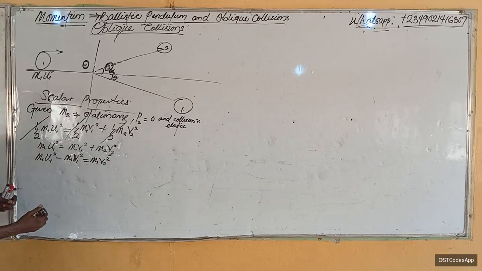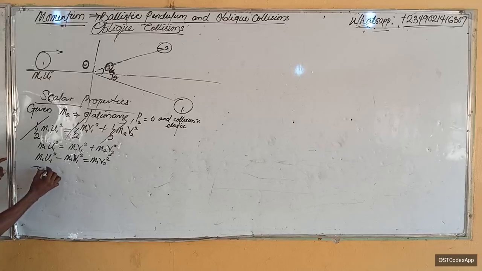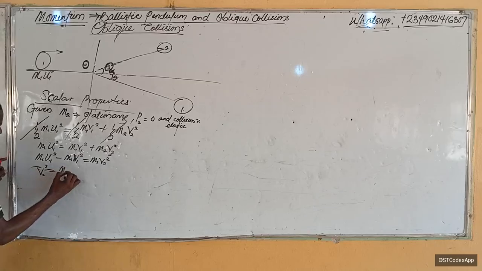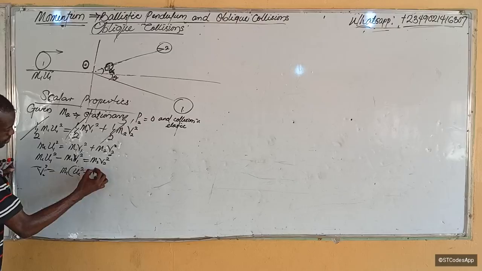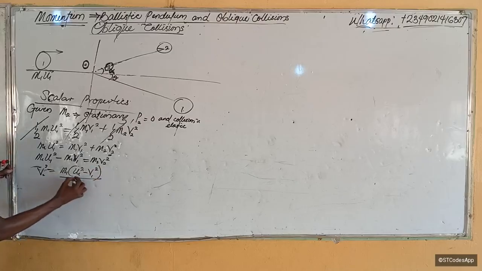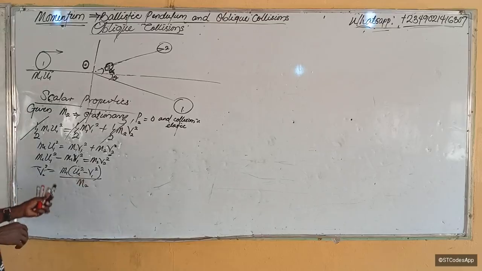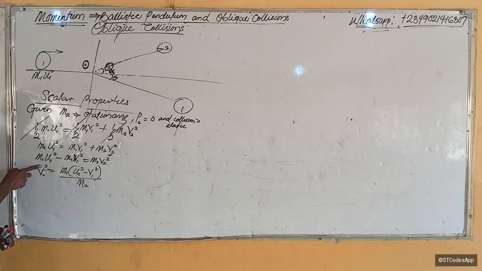By the time you solve this, v2 squared will be equal to m1, m1 is common, so let's bring m1 into bracket, u1 squared minus v1 squared, divide both sides by m2. Is this clear? And of course, you can do the difference of 2 squares and begin to do stuff, okay?